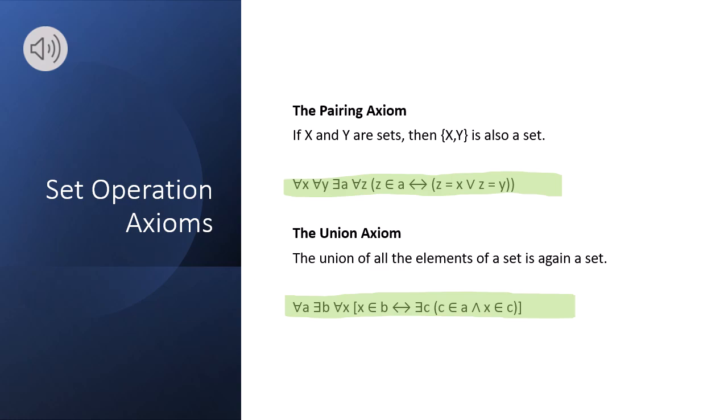Later, we'll see the pairing axiom is used to construct ordered pairs, like you might see in the Cartesian plane or the xy plane. And the union axiom is used to construct the union of two sets, similar to what we saw with that Venn diagram for the intersection, but now either in A or in B.